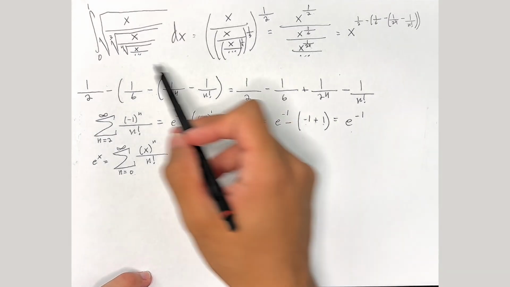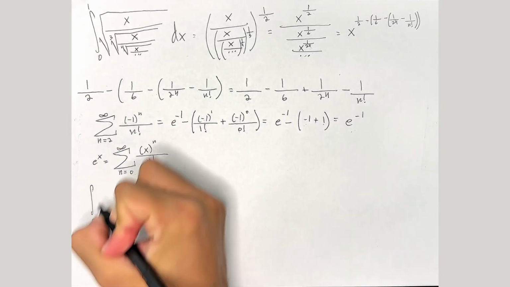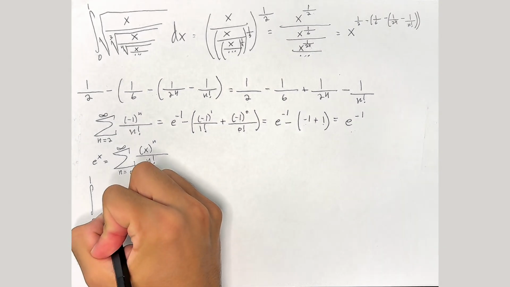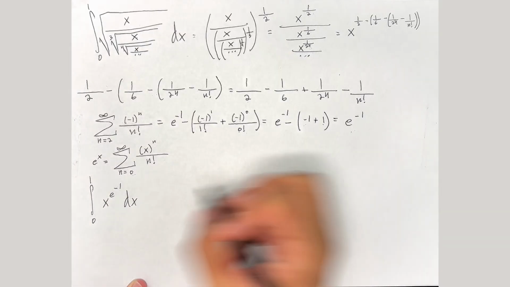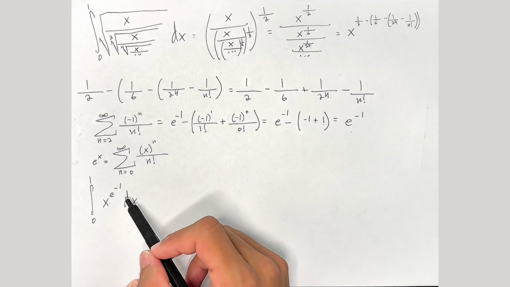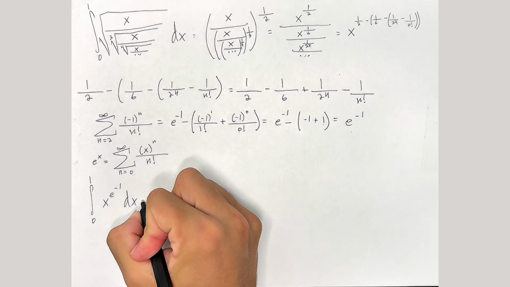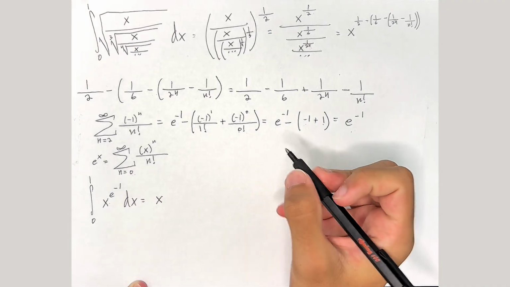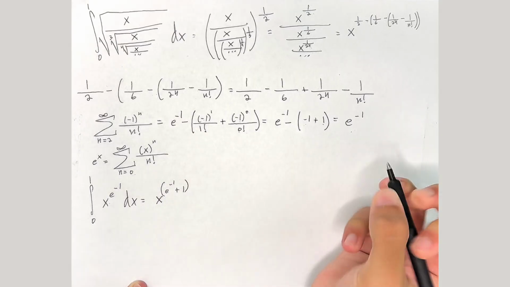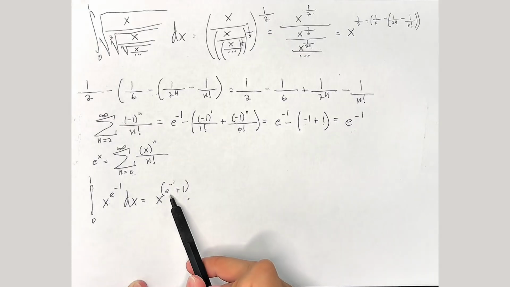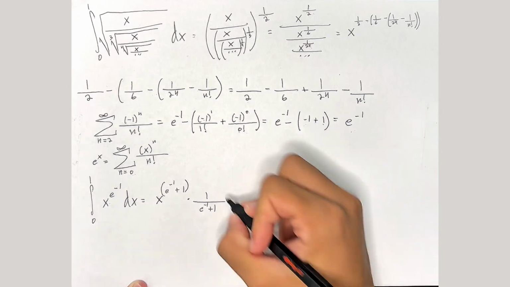So from this we can plug this back into the integral expression and we get the integral from 0 to 1 of x to the e to the negative 1 dx. This can be solved very simply using the power rule or reverse power rule, and we get x to the e to the negative 1 plus 1 times the reciprocal of this, so 1 over e to the negative 1 plus 1.